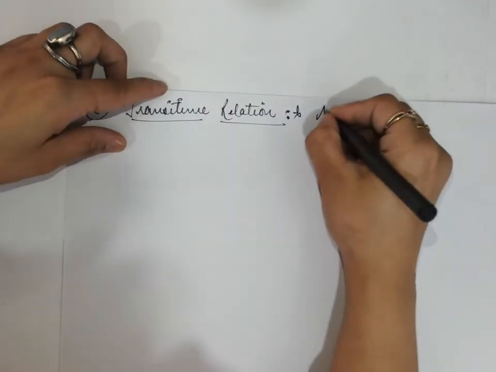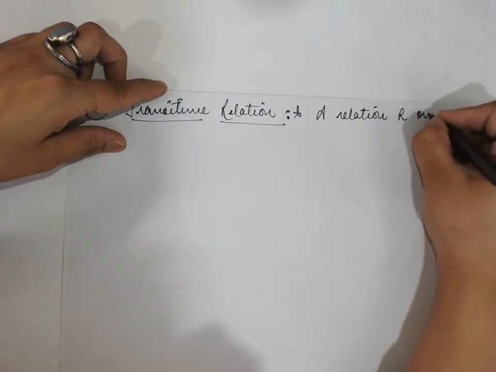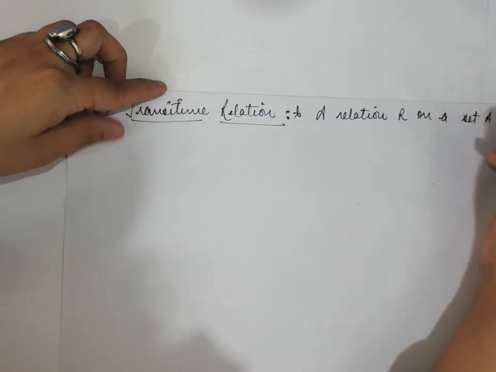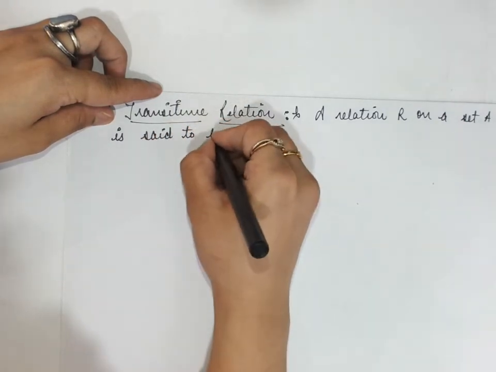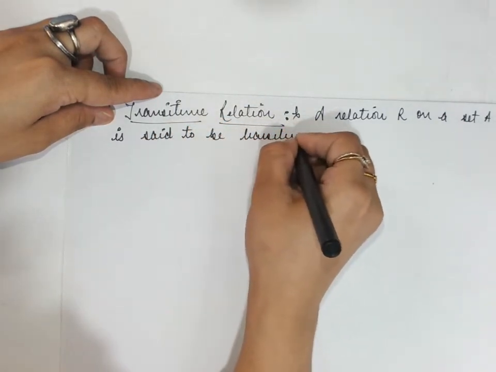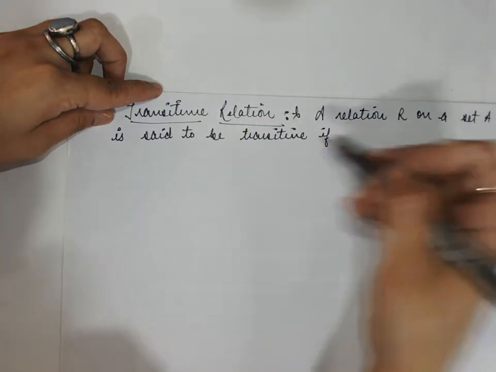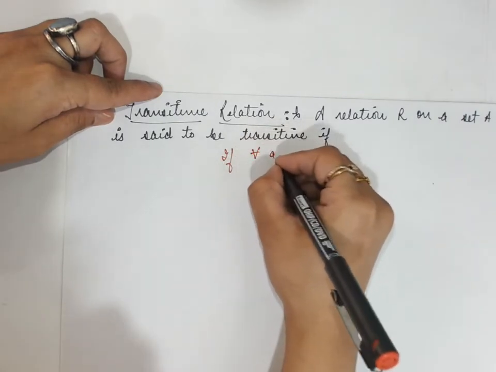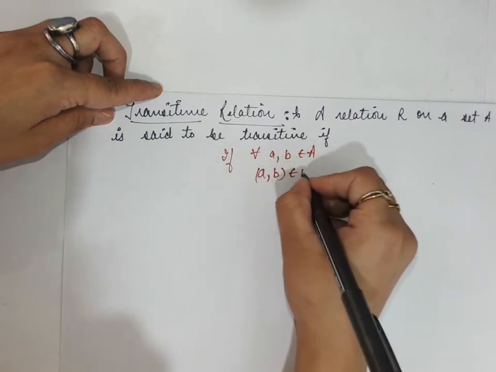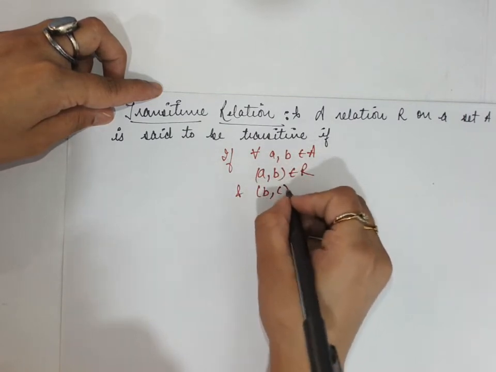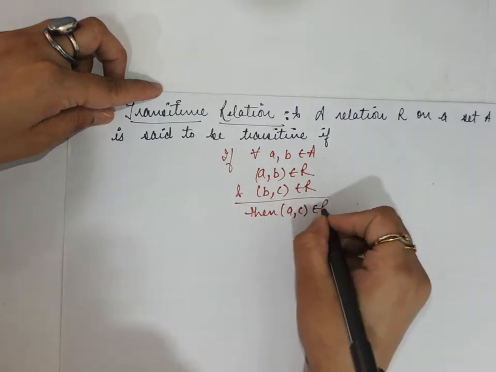Transitive relation says a relation R on a set A is said to be transitive if for all A, B, C belongs to A, if AB belongs to R and BC belongs to R, then in that case AC also belongs to R.